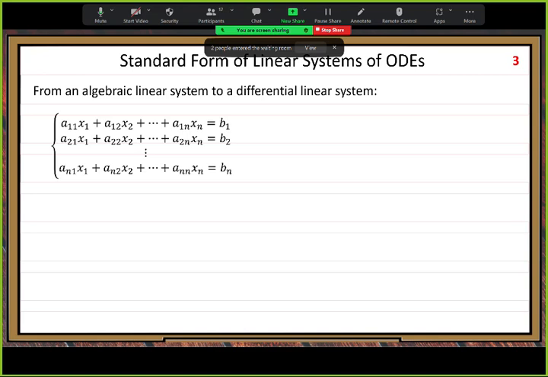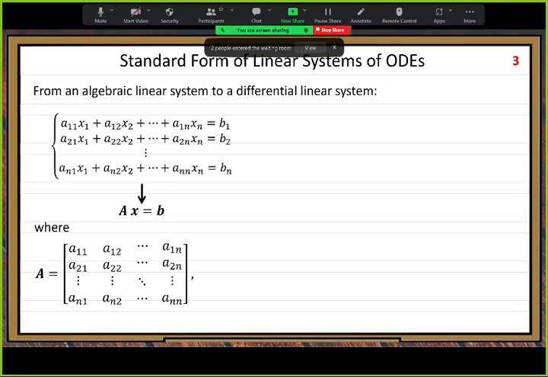But for this class, we only need to consider the square matrix case, where rows and columns are the same. We use short notation, capital A, to represent the coefficient matrix.